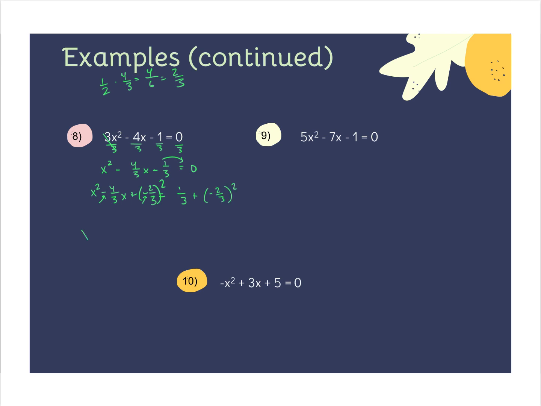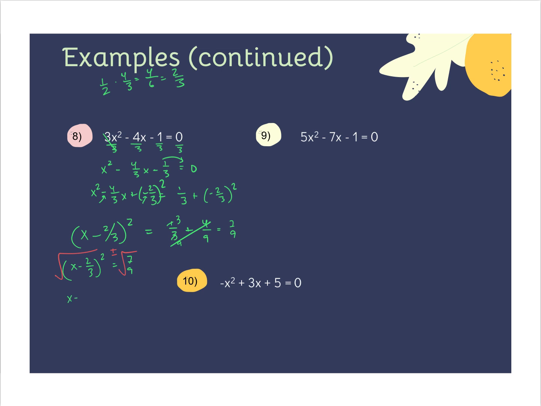So this is going to become x minus 2/3 squared, and it's going to equal 1/3 plus 2/3 squared, which is 4/9. So this is going to change to a 9, which means this is a 3, and I'm going to get 7/9 here. So I'm going to get x minus 2/3 squared equals 7/9. Square root, plus minus square root.